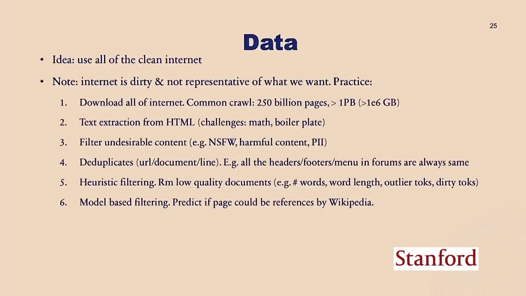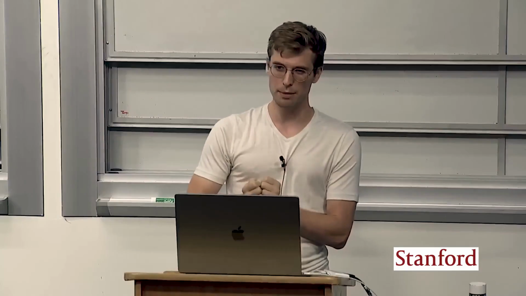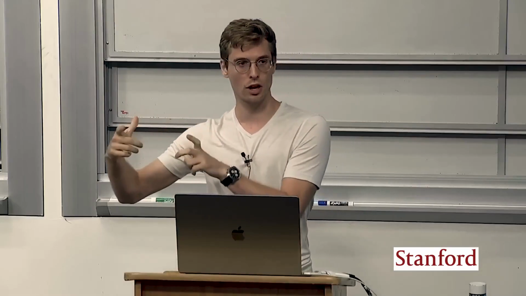Next step, model-based filtering. So once you have filtered a lot of data, what you will do is actually a very cute trick. You will take all of Wikipedia and you will look at all the links that are linked through Wikipedia pages, because if something is referenced by Wikipedia, it's probably some high quality website. And you will train a classifier to predict whether a document comes from one of these references from Wikipedia or whether it's from the random web.